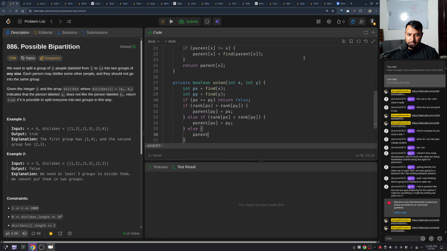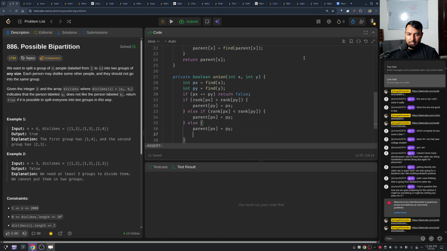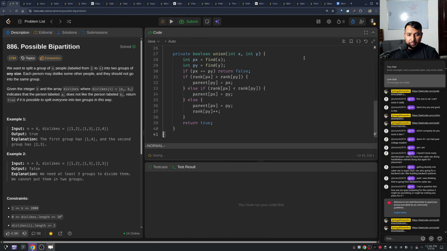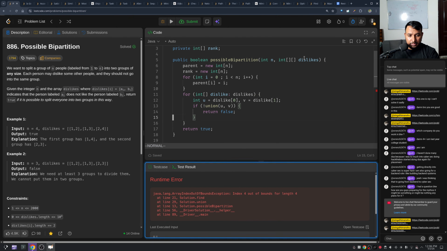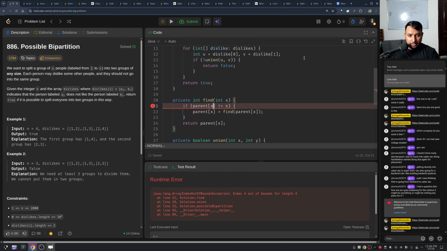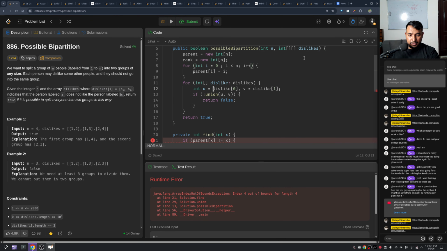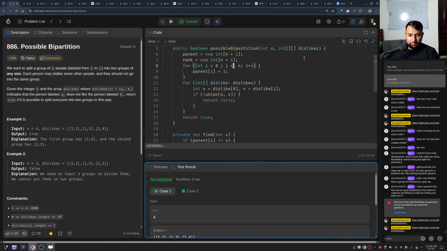Otherwise, either works here: px's parent is py and the rank of py is incremented. Right? Let's try to see. Oh, this will be n plus 1 then, for the arrays.